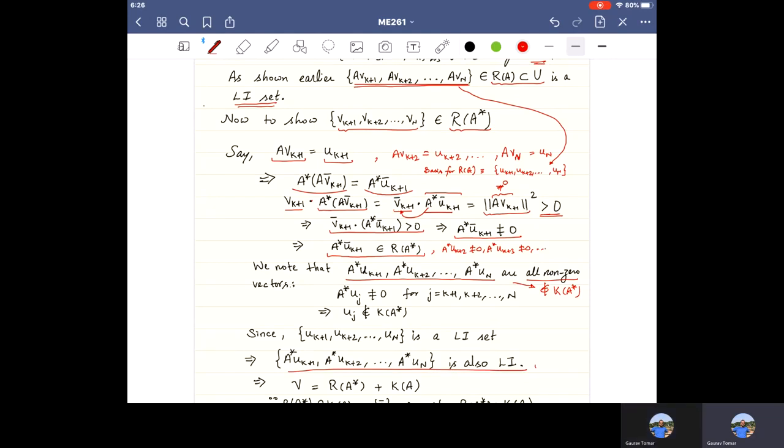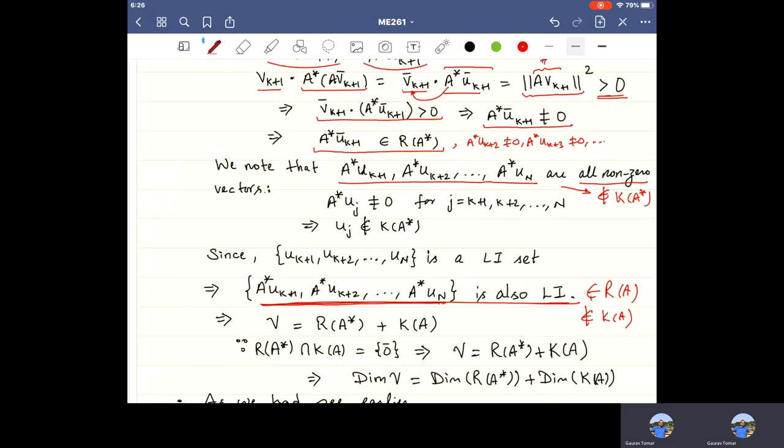Now, in a way, we have shown that the vectors v_{k+1} to v_n can be written in terms of A star u_{k+1} to A star u_n, because this is the linearly independent set which belongs to range of A, and they don't belong to null space of A. That means we have this basis of this dimension of vector space V minus the null space of A coming from here.